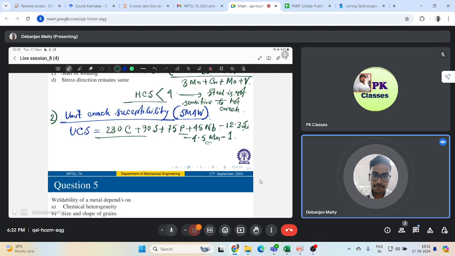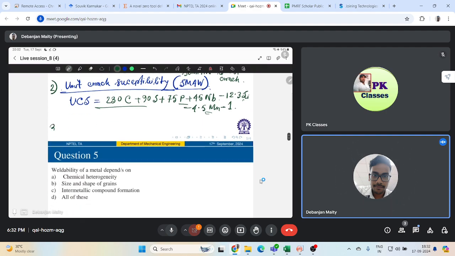Okay. Now, one more thing I want to mention: reheat cracking. One of the researchers had obtained some prediction for reheat cracking, or how my reheat cracking tendency will be affected depending on different compositions.